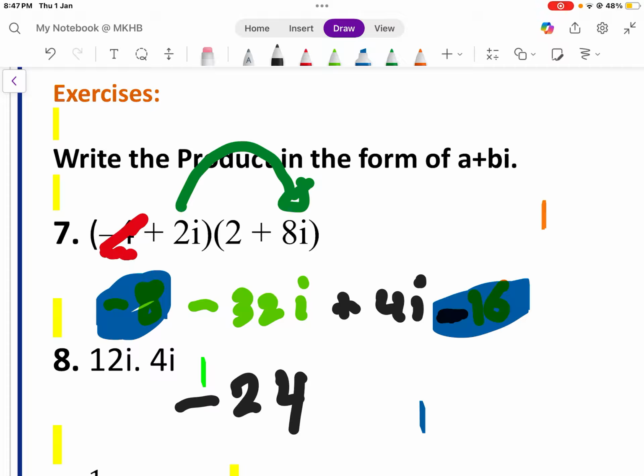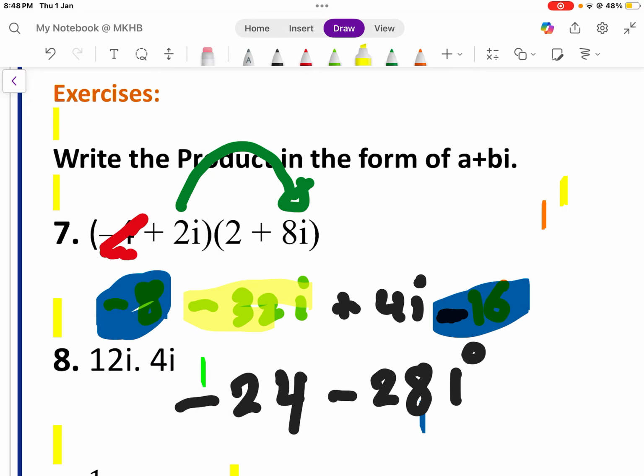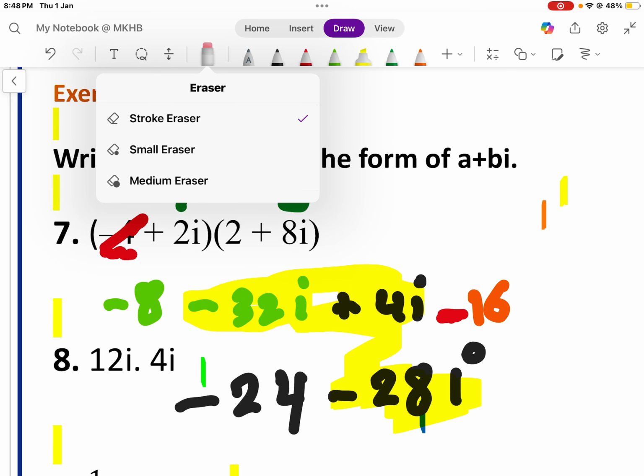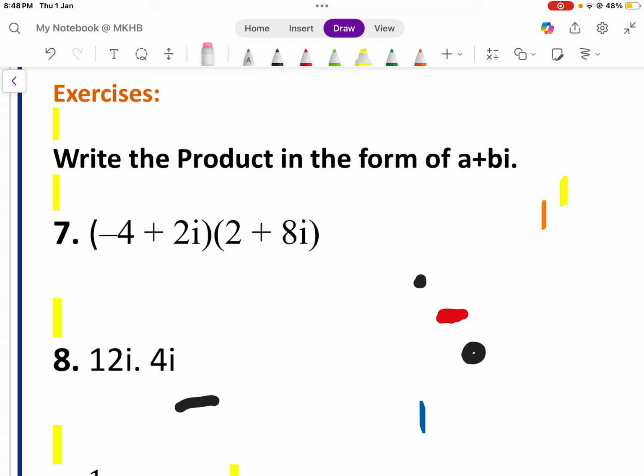Yes, and -28i. From where did I get this? From this and this. Are we good? Easy? This is how we multiply two complex numbers.